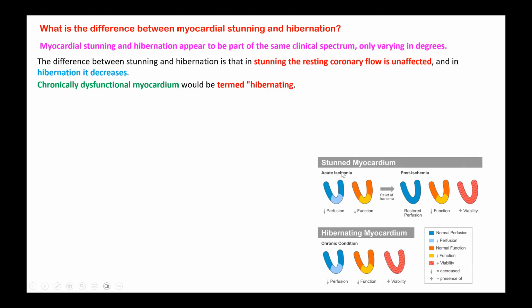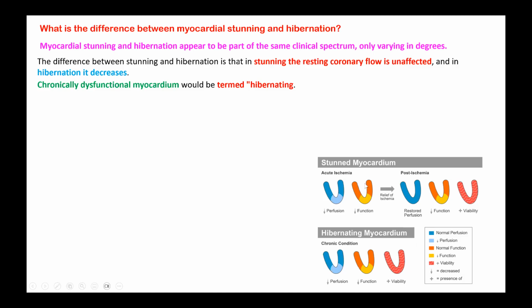In the stunned myocardium, there is an acute ischemia, and perfusion gets decreased, function also gets decreased, and once the reperfusion occurs, there is a relief. Post ischemia, there is restored perfusion, decreased function, but viability is maintained. Whereas hibernation is a chronic condition, and there also perfusion is decreased, function is decreased, but viability is preserved in both of them.